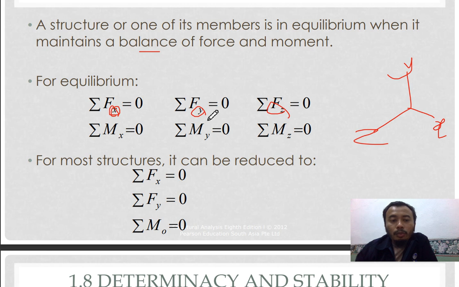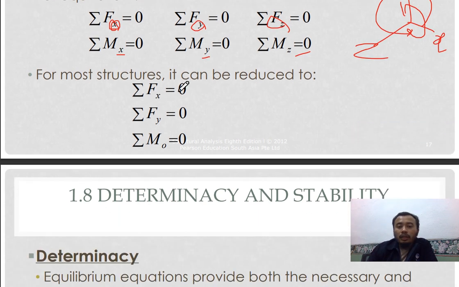It doesn't move. And also the moment, the force here, this is force F, and the moment is also 0 about x, y, z. Most structures can be reduced to only two axes, x and y.